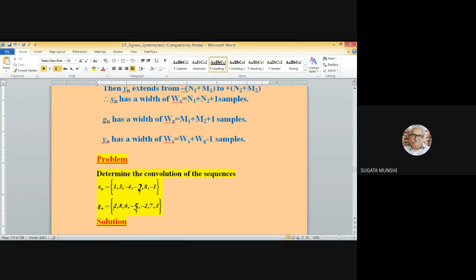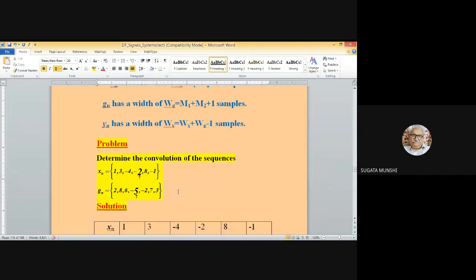It is n equal to minus 3, and right edge is n equal to 3. So if you convolve these two sequences, then what will be the left edge of the sequence? And what will be the right edge?